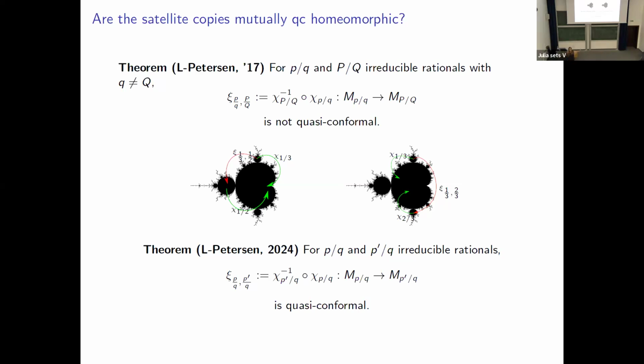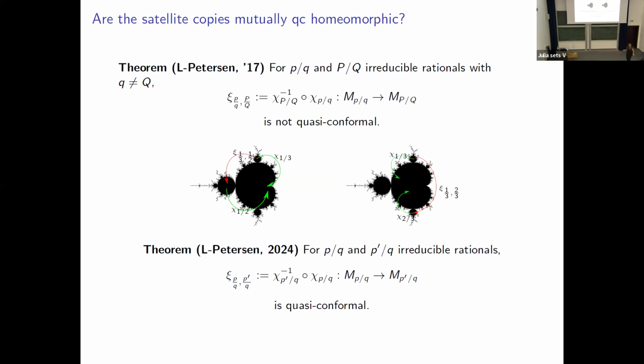You cannot extend quasi-conformally your homeomorphism. Actually, the quasi-conformal dilatation K of this map goes to infinity, tending to the root, on the center of Misiurewicz spirals. So no way.